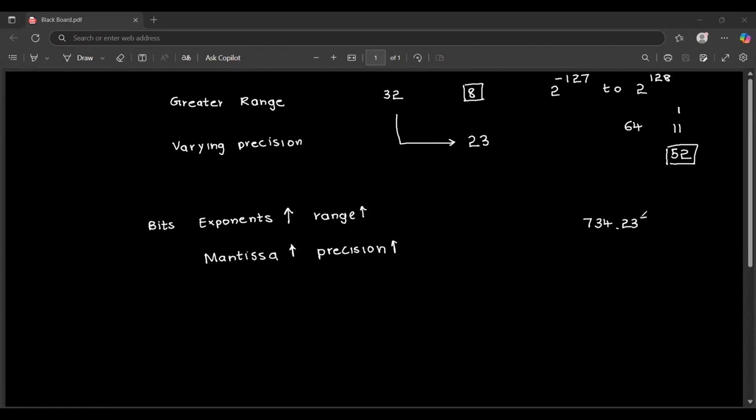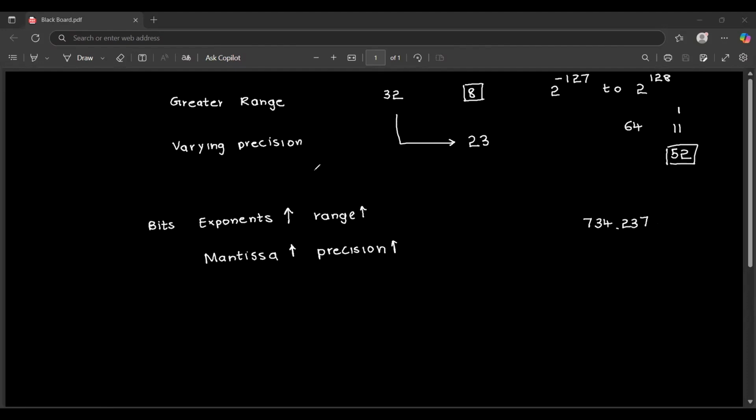Somebody may ask you to go for 3 places. But here, we have 52 bits just for precision, so you can write a 52-digit number without any issues, excluding the exponents.